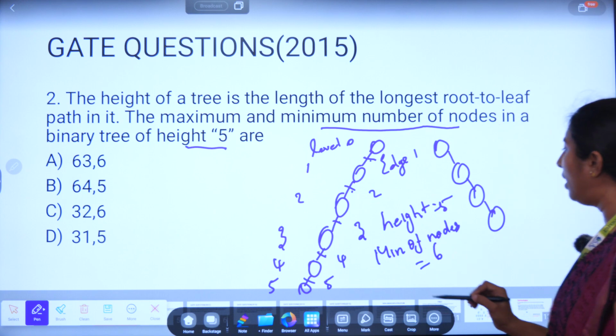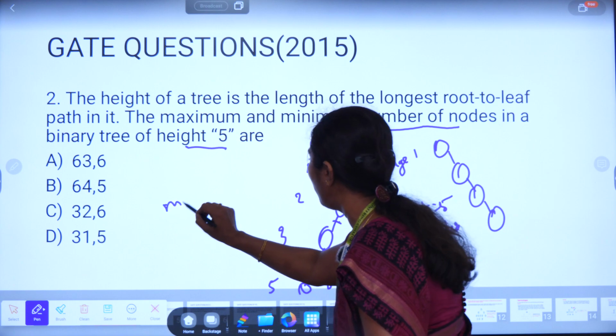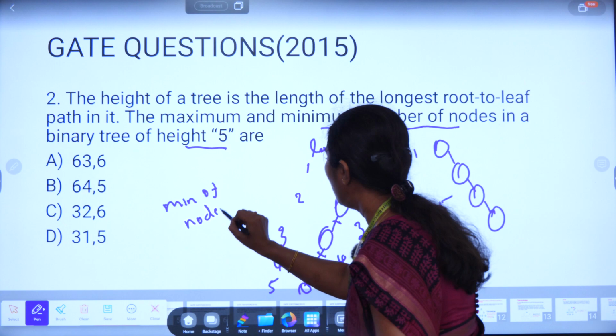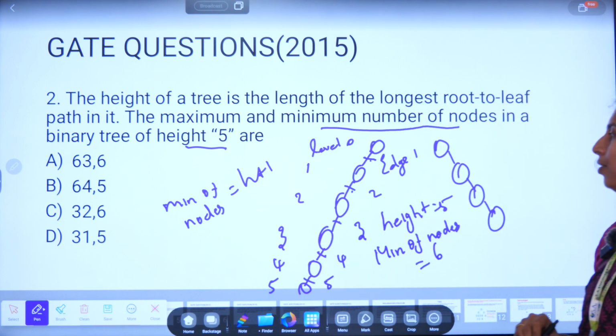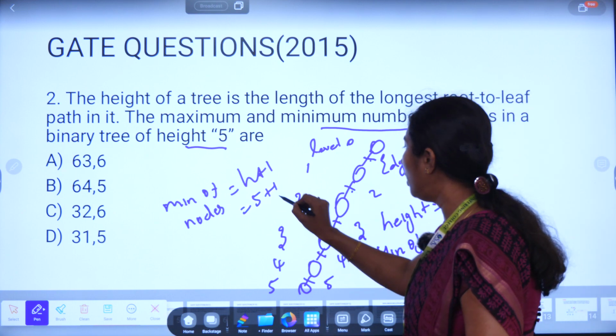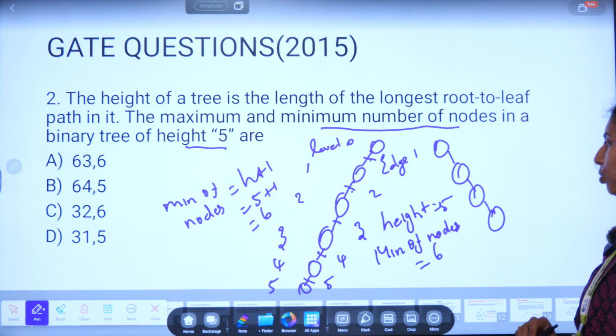In general, the formula to find the minimum number of nodes is h plus 1. The height of the tree they have given is 5, plus 1, so we can find the minimum number of nodes over here.